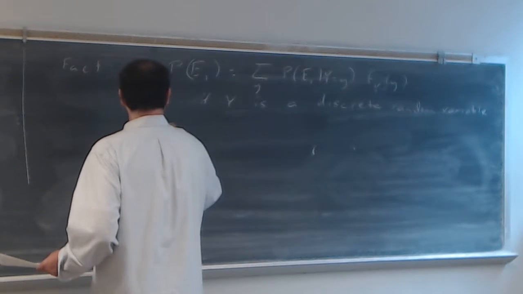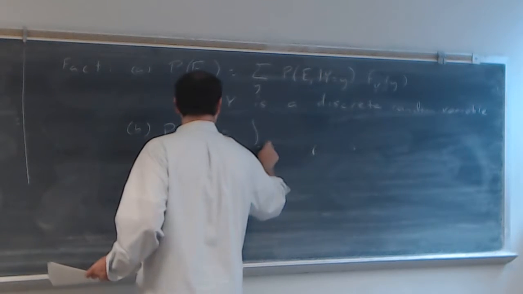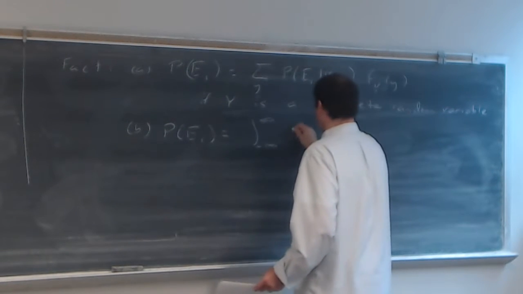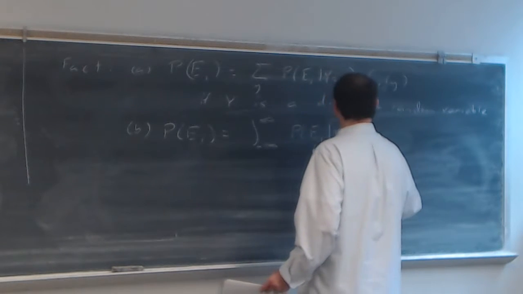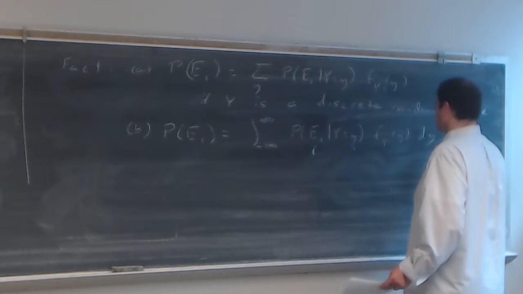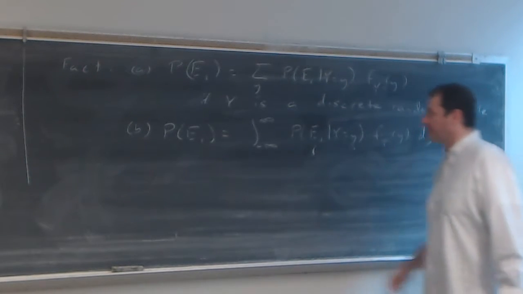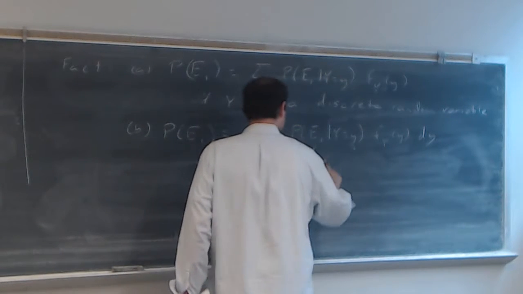B, the probability of E sub 1 will be equal to the integral from minus infinity to infinity of the probability that E sub 1 occurs given Y equals y times f sub Y of y dy, if Y is continuous.